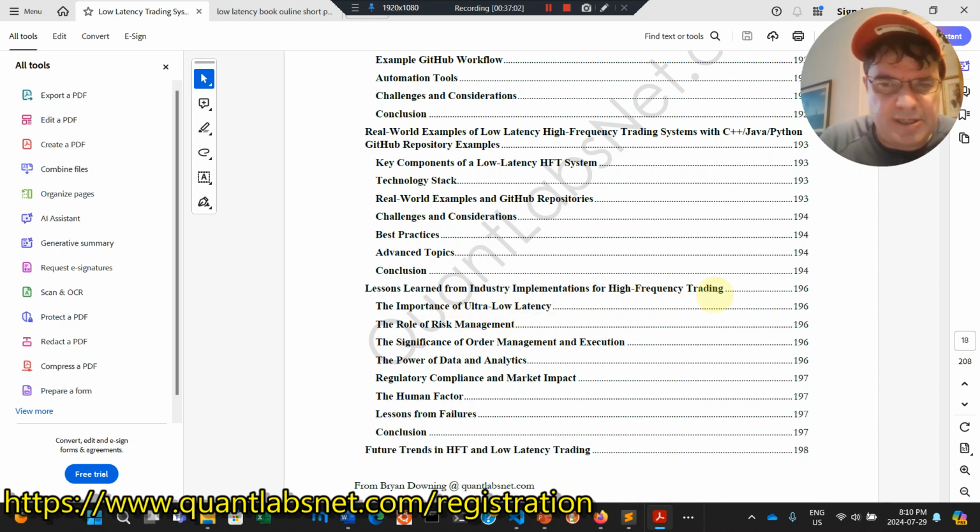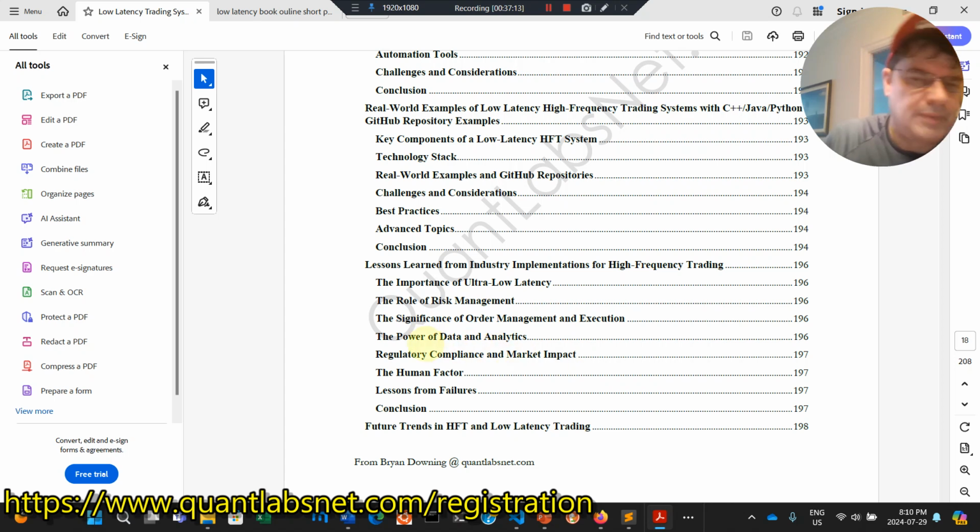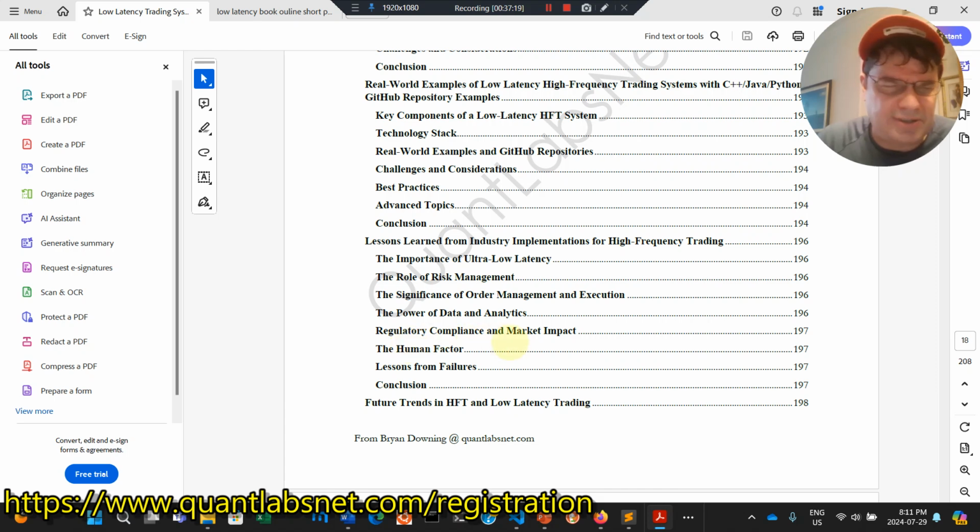Lessons learned from industry implementation for high frequency. Importance of ultra low latency. So we already talked about those topics. Role of risk management, significance of order management, execution. This is kind of recapitulating everything already mentioned. Power and data analytics, regulatory compliance and the market impact. That's important.